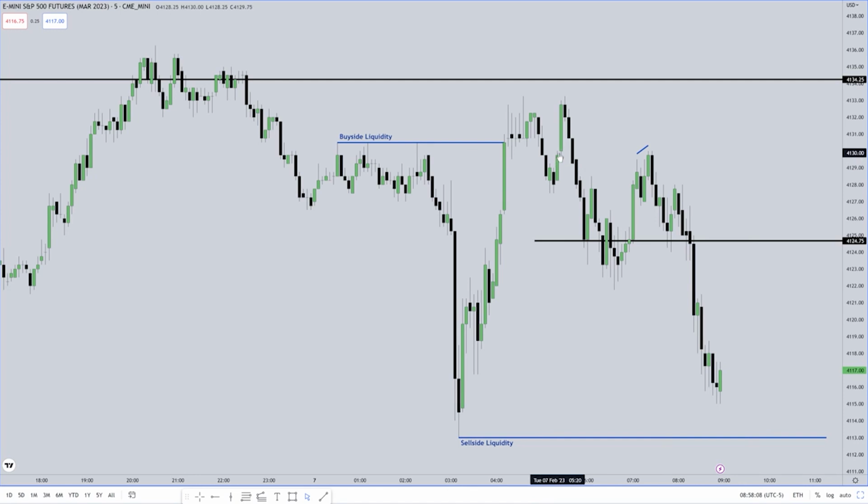The volume imbalance has no body between two close and opening prices. It can be a volume imbalance between a higher close and a lower opening, or a close with a higher opening. That's the difference between the two potential volume imbalances.